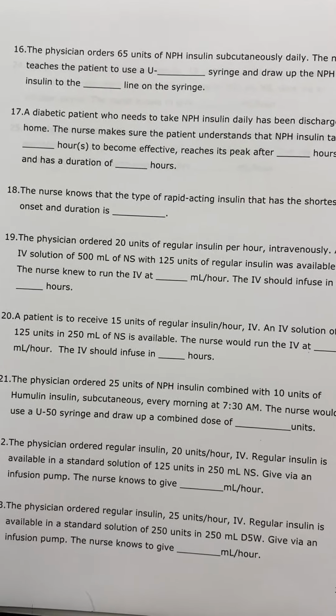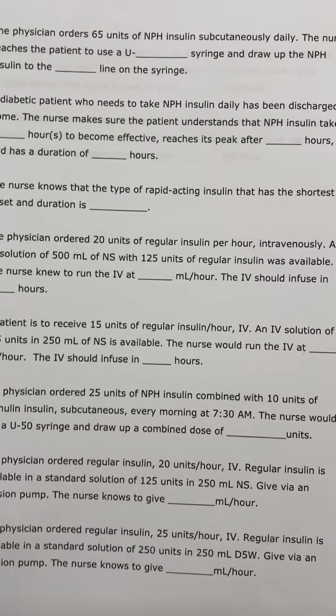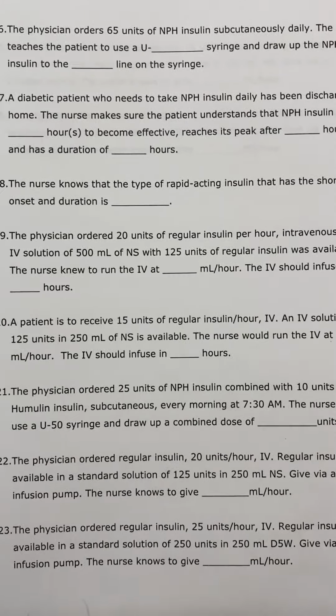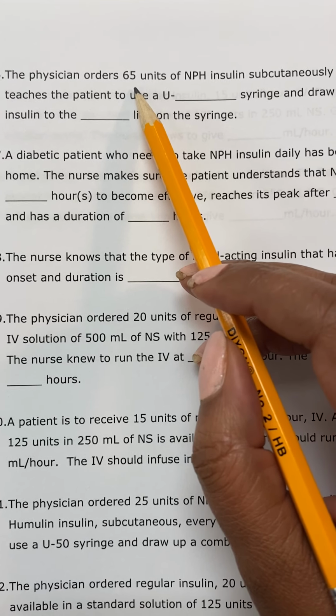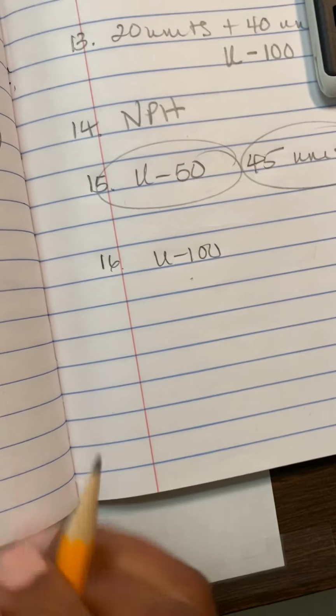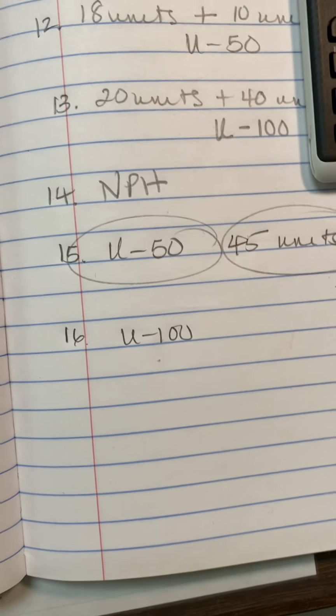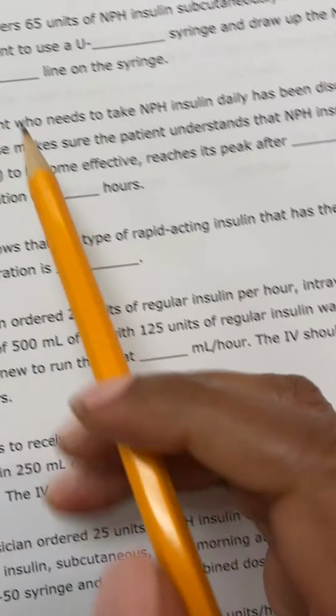I'm hoping you're thinking, Ms. Thomas, I can't put these 65 units in a U50 syringe, so I have to use the next syringe up. I'm hoping all of you decided on the U100 syringe, and when it came to drawing up, you would go back to the original problem and draw up 65 units of insulin.